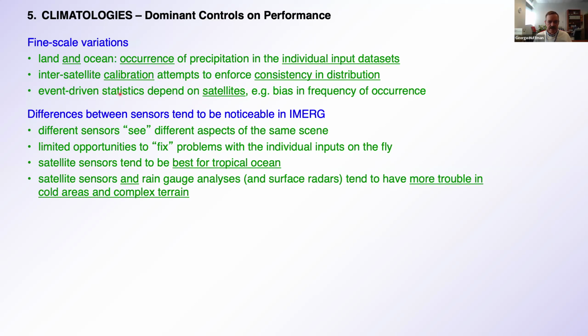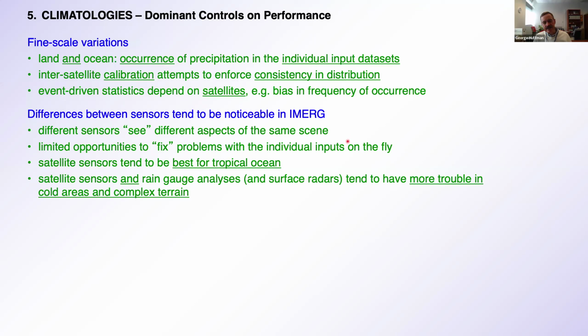So the event-driven statistics depend on the satellites, and if there's a bias in the frequency, that shows up as part of the errors in the estimates. There are differences between sensors, and they tend to be noticeable in IMERG. As I said, the different sensors see different aspects of the same scene based on their individual characteristics. And so we try to fix these problems.